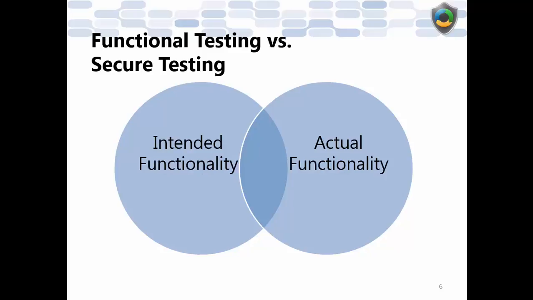This is the functionality that's implemented through source code, etc. Traditional functional testing tends to focus on this first section. In other words, the emphasis is basically on intended functionality without any regard to evaluating any extent of actual functionality.